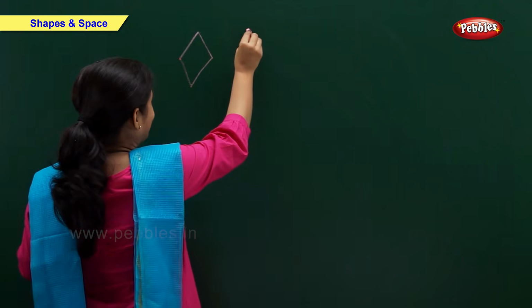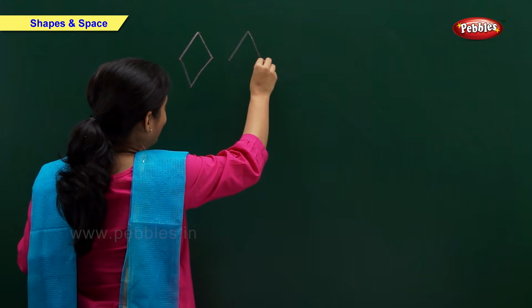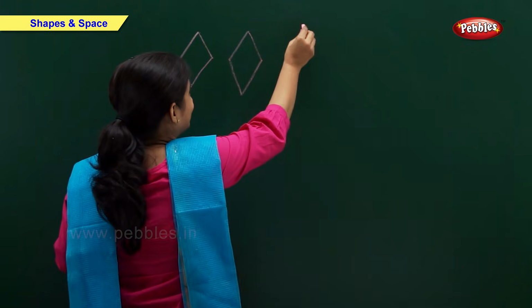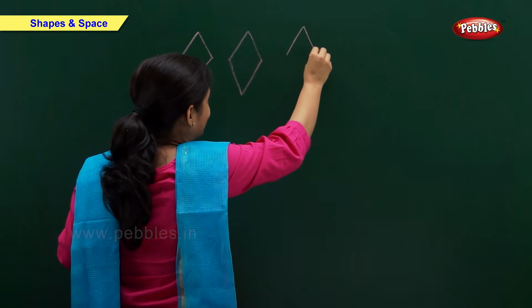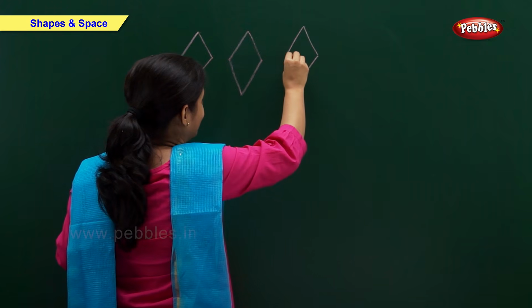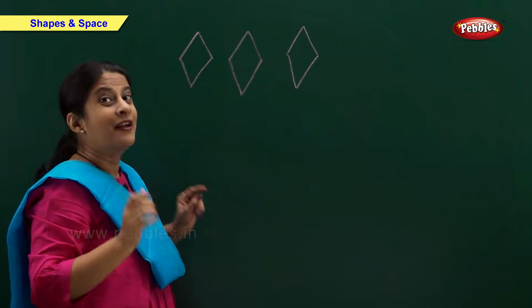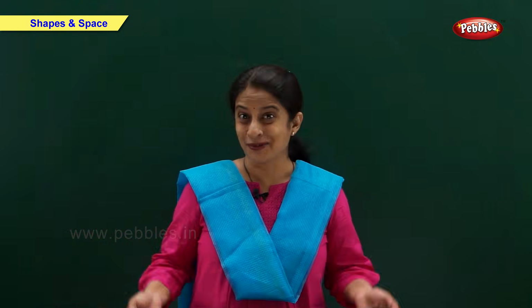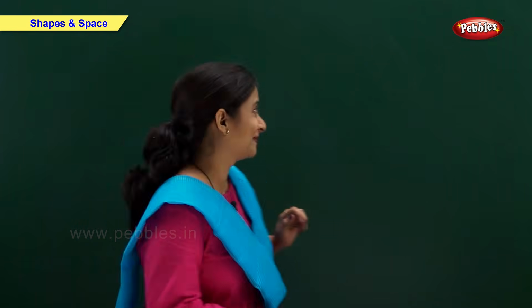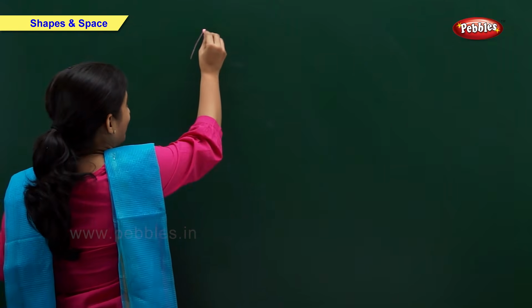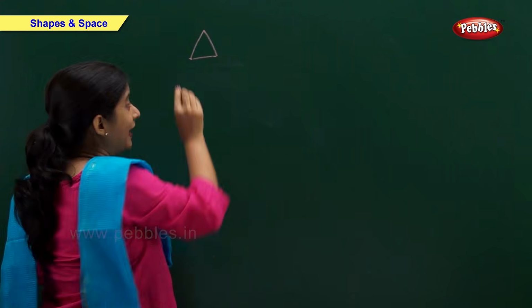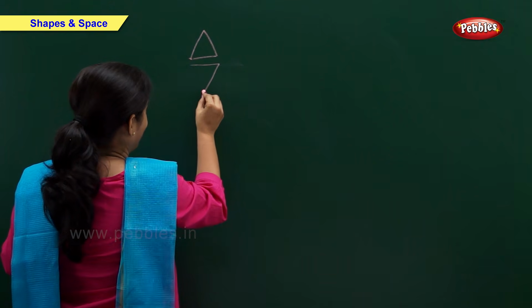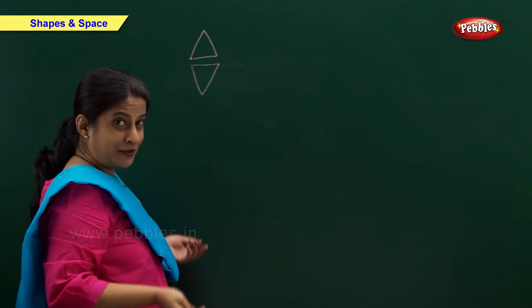Diamond. You know friends, the shape of a kite is like a diamond. Now let's draw a star. I have a triangle here. And there is one more triangle.